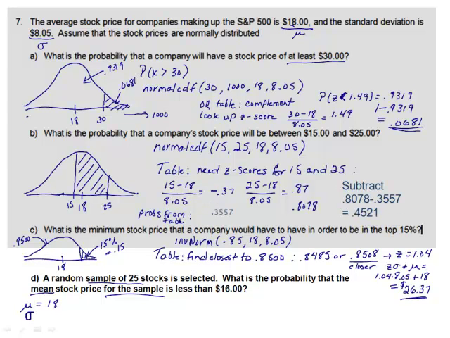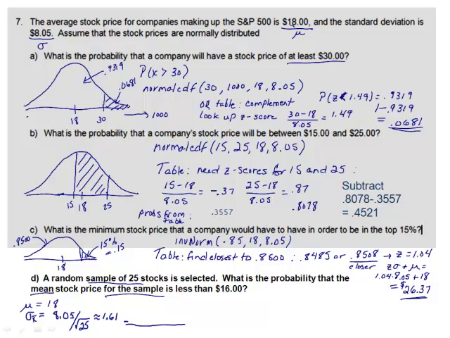And remember, for the standard deviation for a sample mean, we take our original standard deviation, which was the 8.05, and we divide that by the square root of the sample size. We're dividing it by the square root of 25, and that's going to give us 1.61 approximately for our new standard deviation.